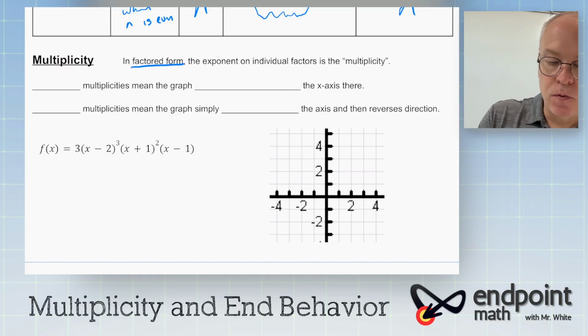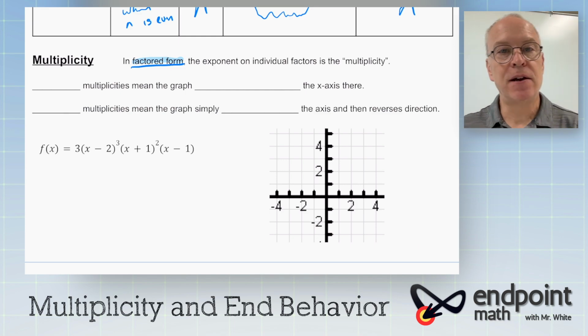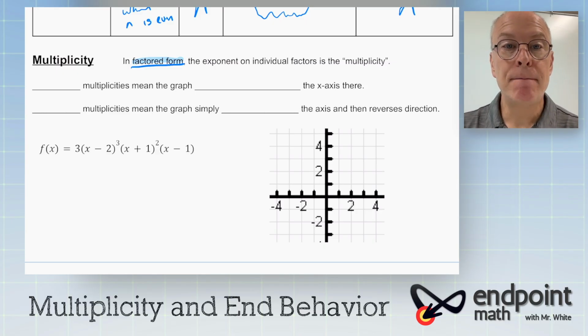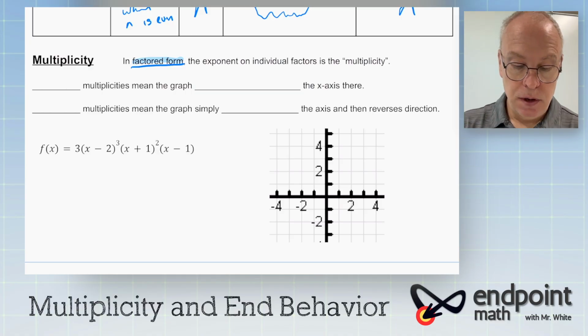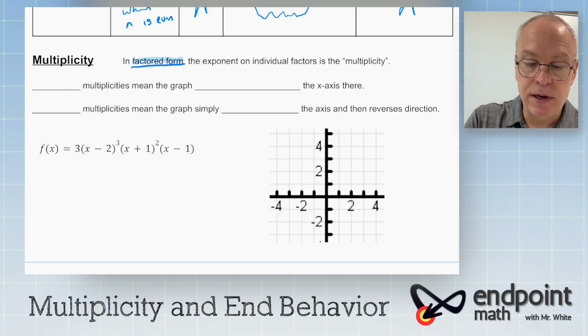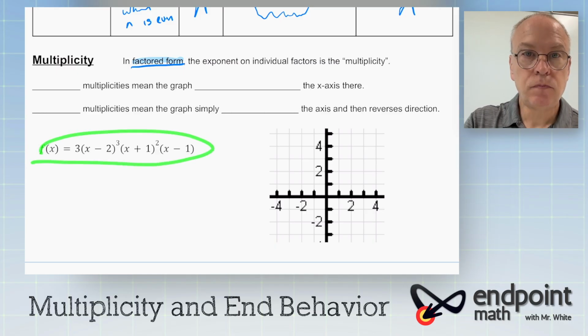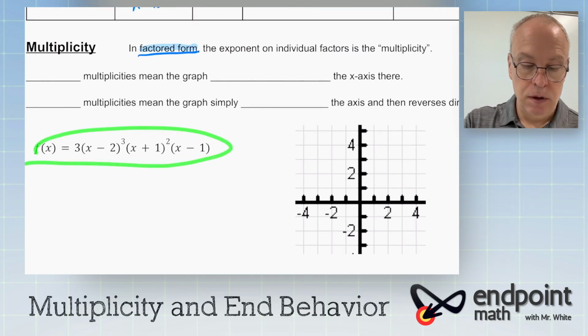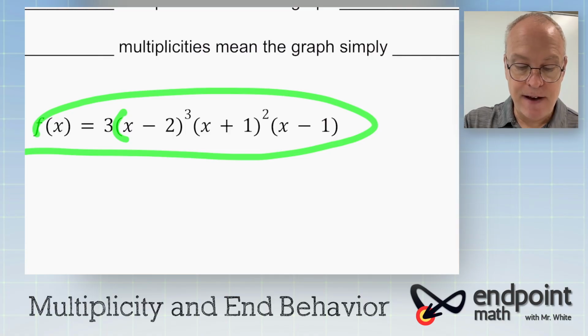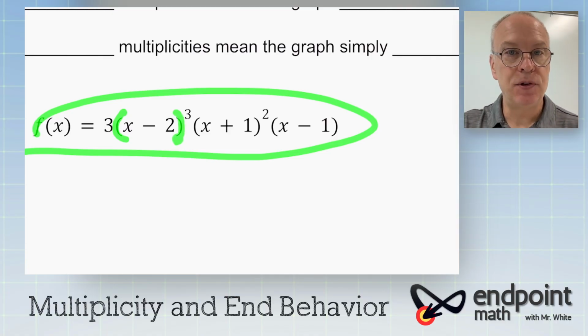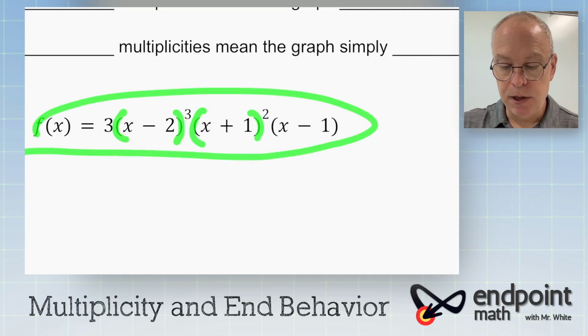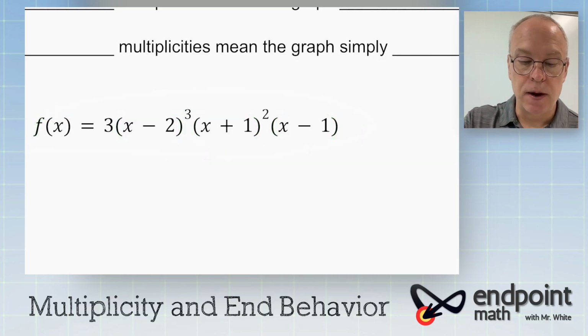In factored form, so let me highlight that to really make it stand out, the exponent on individual factors is the multiplicity. You can see an example down here at the bottom. You see how these are called factors. We have a factor of x minus 2, a factor of x plus 1, and a factor of x minus 1.